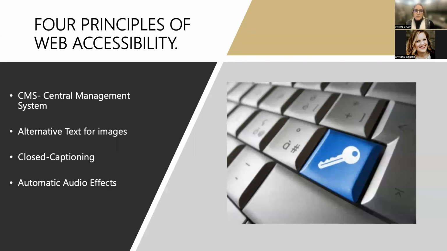So there are 4 principles of web accessibility. And so your institution probably has some sort of central management system or an LMS, right? And so those LMSs or central management systems for your website, like if your institution uses WordPress or Joomla or Squarespace or some other sort of CMS, they all have onboarding tools for accessibility, right?